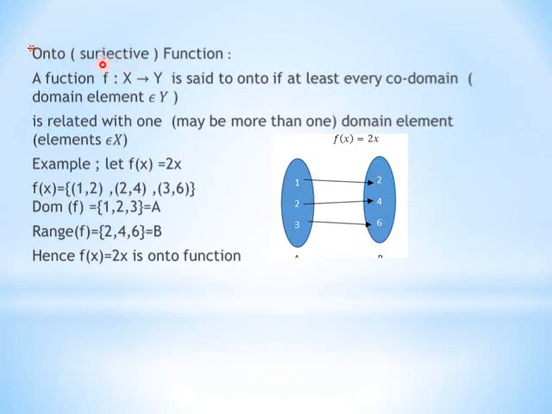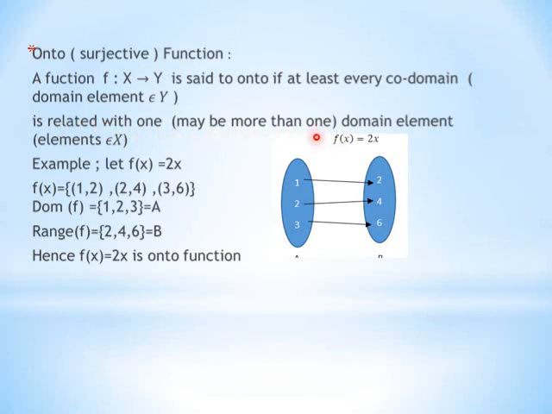Now onto, that is the surjective function. Why am I giving this presentation? Because we have to get to the bijective function. Onto function means surjective function. A function f from X to Y is said to be onto if at least every codomain element is related with one or maybe more than one domain element.